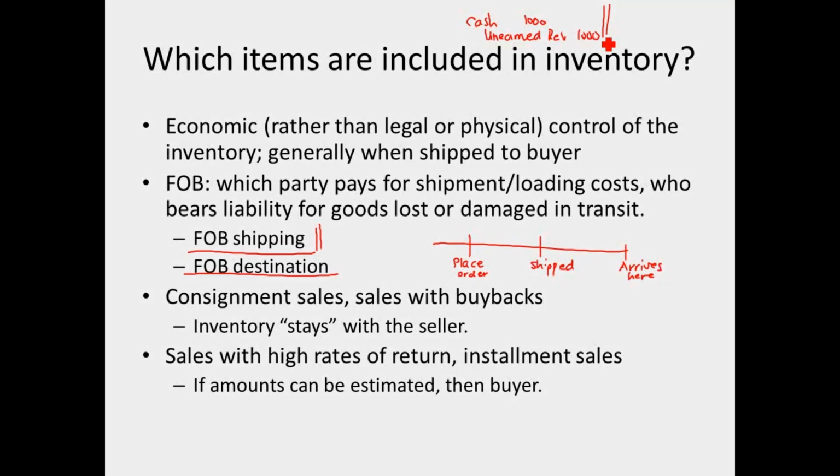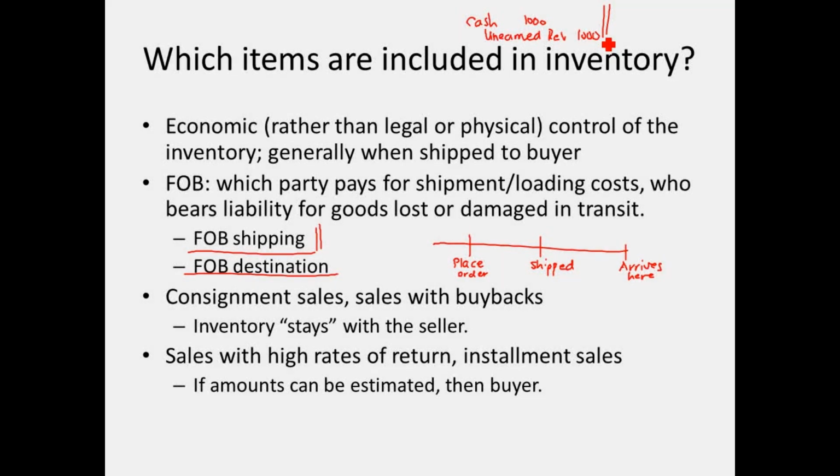Now, it's shipped. Whose goods are they now? Well, FOB shipping means the minute I'm shipping them, they belong to the customer. As soon as it's in the shipping channel, they transfer ownership. Now, it's not a matter of legal issue. This is economically, they're mine.